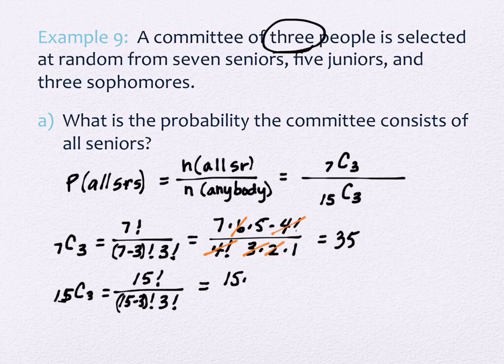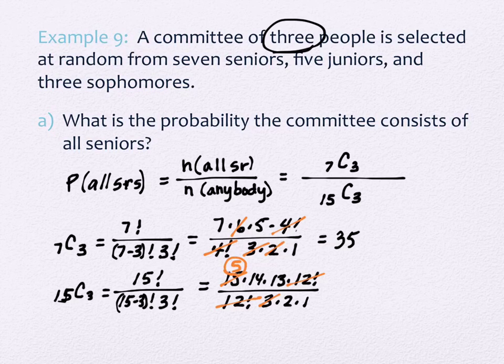So I'm going to go down to 12. 15, 14, 13, and 12 factorial over 12 factorial. And then I have 3, 2, and 1. What cancels? My 12 factorials cancel, and then 3 and 15 leaves me with a 5. 2 and 14 leaves me with a 7. So I have 5 times 7 times 13. What is that? 455.